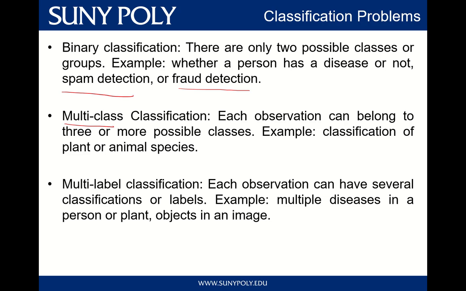It is possible that a single plant may have multiple diseases. That's a possibility, right? In different parts of the plant. So it has multiple labels, not just one. Because in multi-class, there are multiple options of disease, but it can have only one. But here it is possible that the same plant will have two or more.